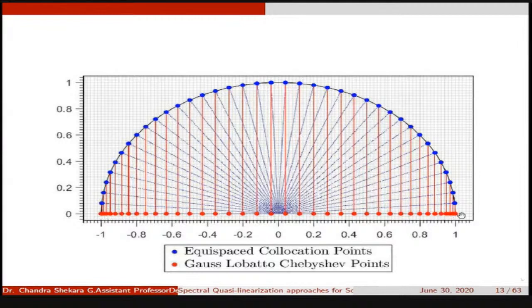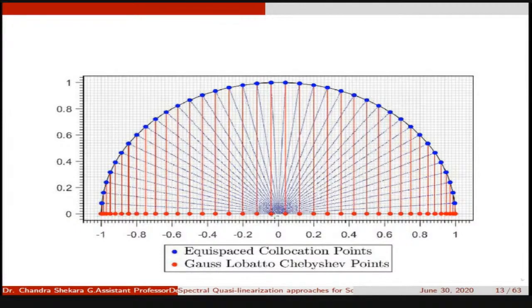This plays a very important role in boundary layer flows, because the effect of viscosity or temperature and so on is significant near the walls. To take care of that, one has to capture all the information near the walls, and to capture this information, the Gauss-Lobatto points play a very important role. Here, blue dots are equally spaced points, and red points are the collocation points.